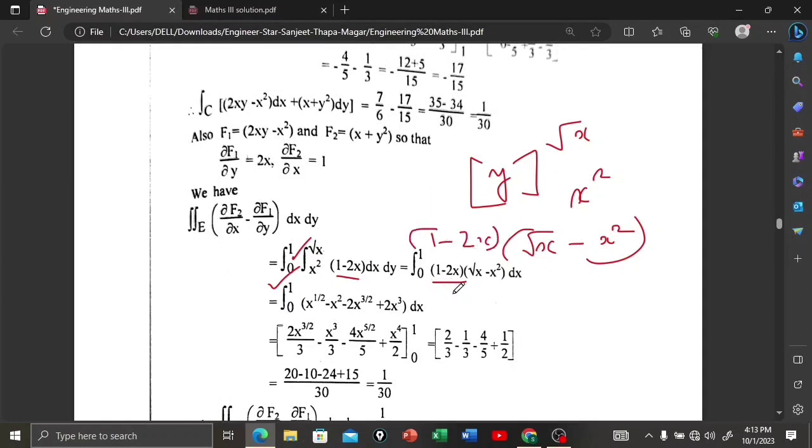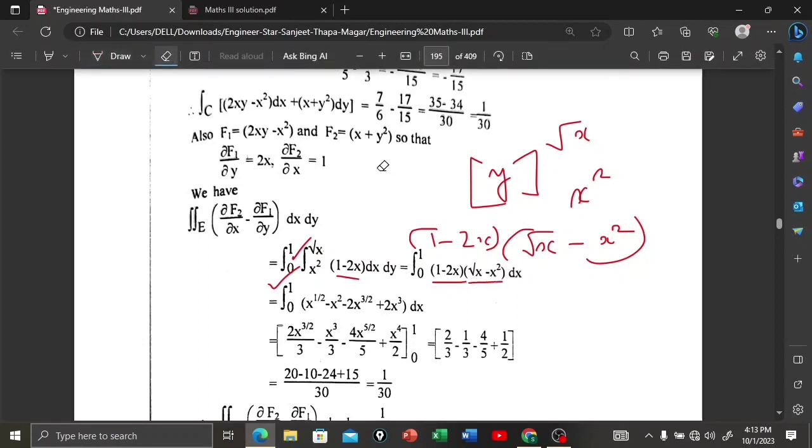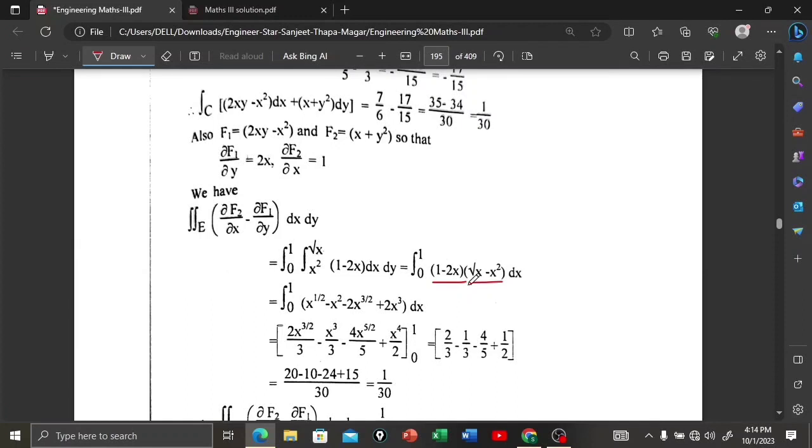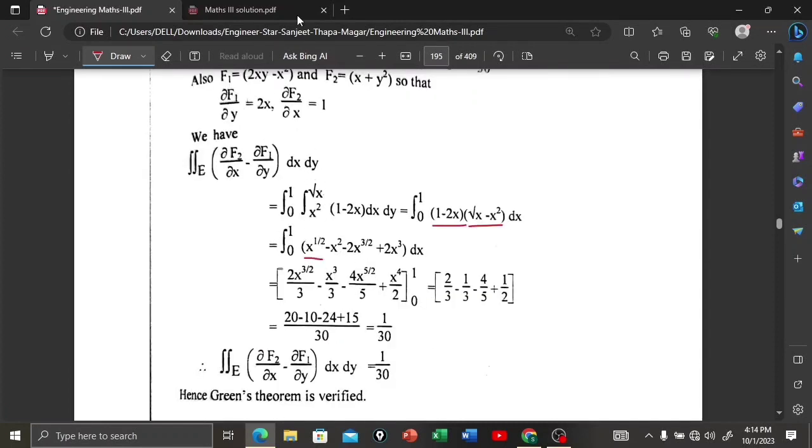Multiplying these two, this times this is x power 1 by 2, and this times this is x squared, with signs minus, and 2 times x power 1 plus 1 by 2 is 3 by 2, and 2x, 2 plus 1 is 3.